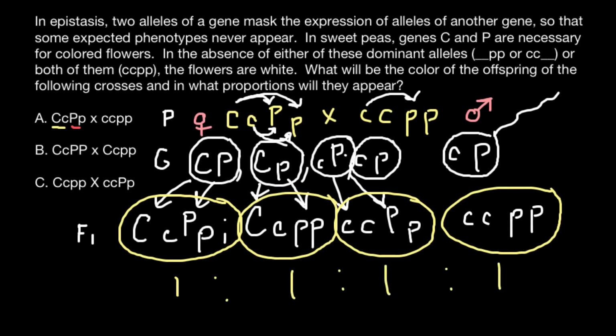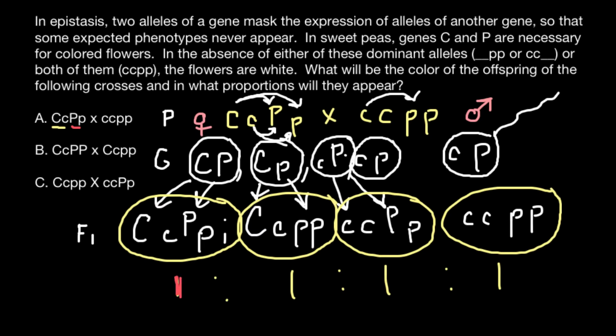So let's now analyze which would be colored and which not. We have to have at least one dominant allele in each pair. So here in the first genotype we have one dominant allele in the first pair and one dominant allele in the second pair. So this is going to be colored. I would use red color here.